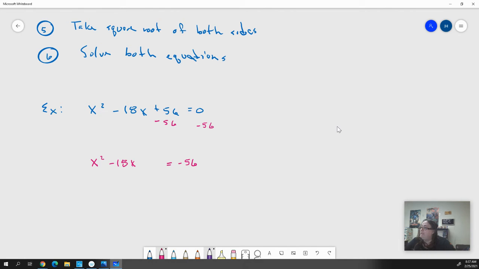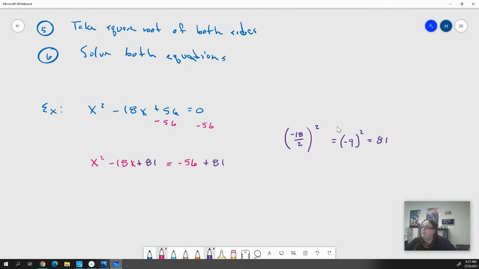Well, b is negative 18, so we divide that by 2 and then square it. Negative 18 divided by 2 is negative 9, and when I square that, I get positive 81. Then we take whatever we get and add it to both sides.